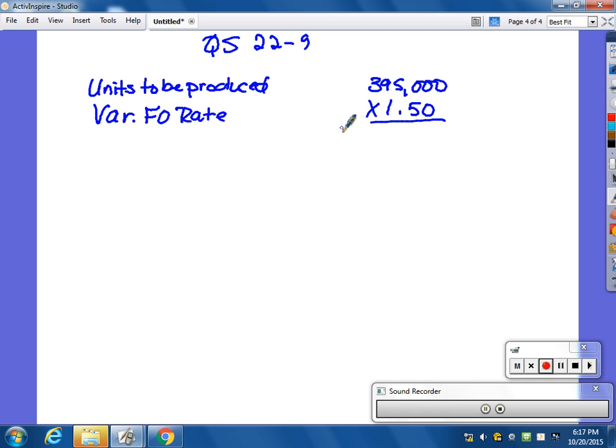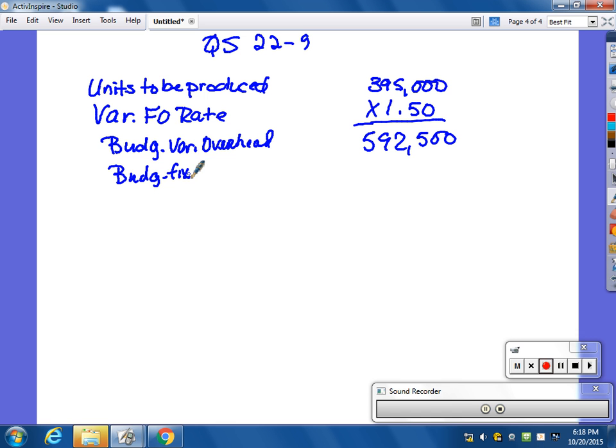What do we get? $592,500. What is this called? Budgeted variable overhead. What's next? Budgeted fixed overhead. Which is how much? There was the 4,600,000.